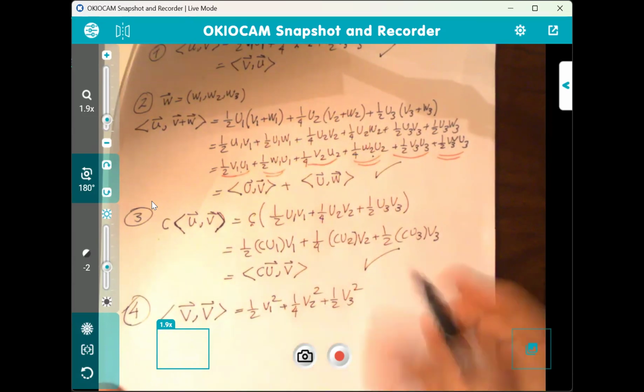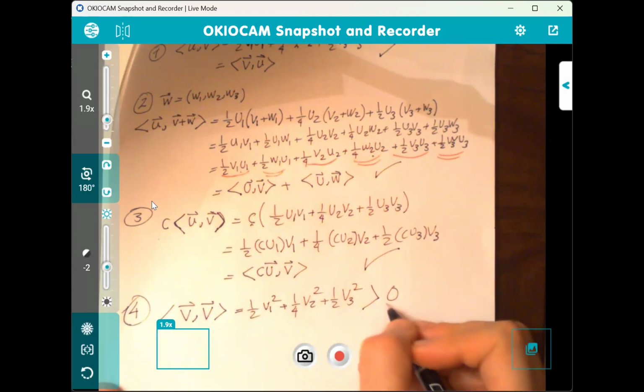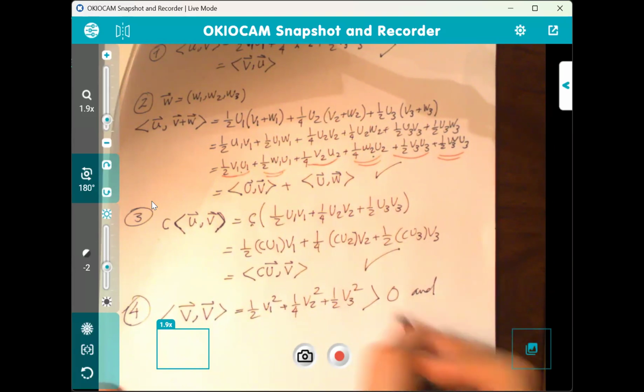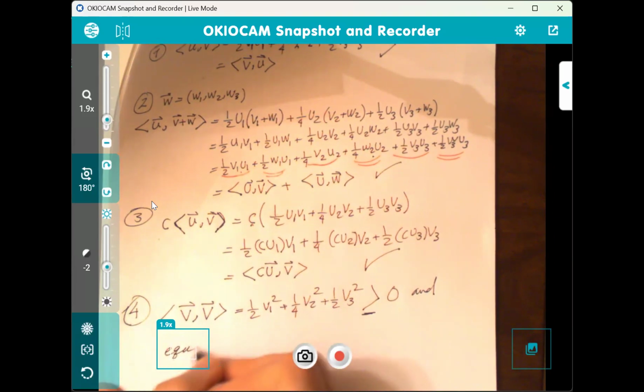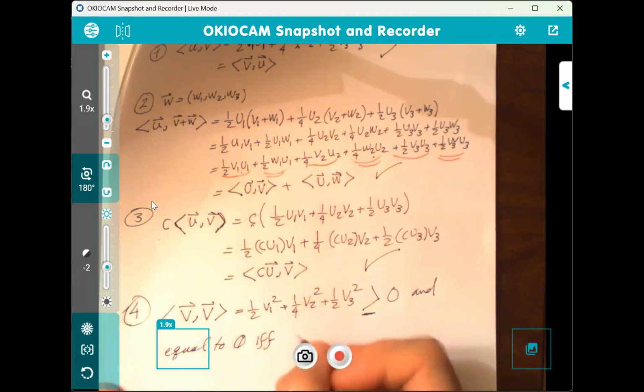Now this one, would you agree that it's positive? Greater than or equal to 0, because v1 squared is positive, and so on. The sum is positive, right? And it's equal to 0 if and only if vector v is the 0 vector.